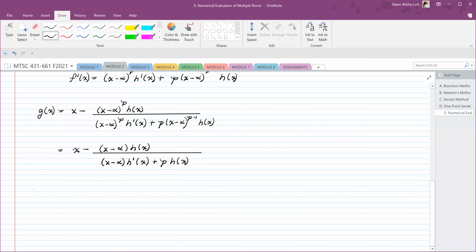So g prime of x, because this is what we plan to use, turns out to be the derivative of x, which is just 1.